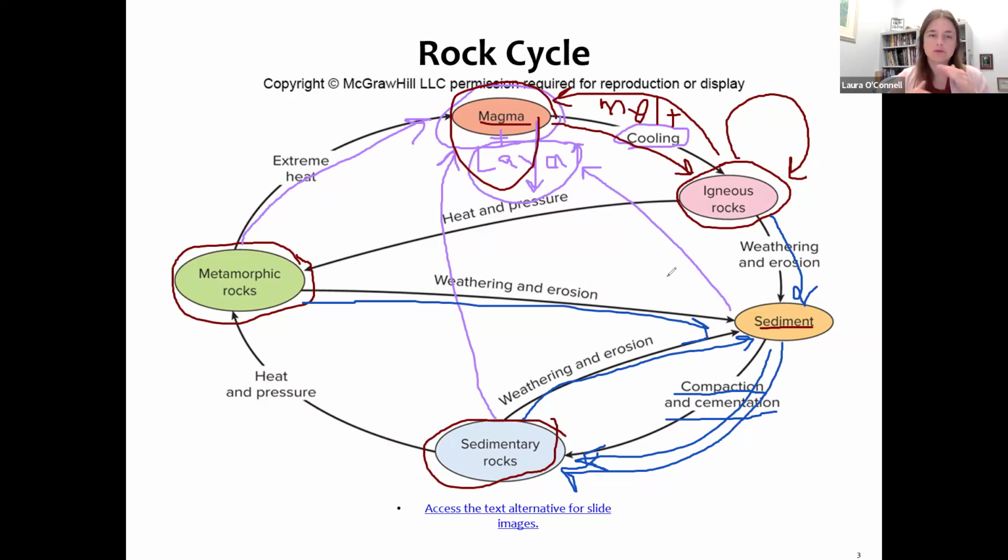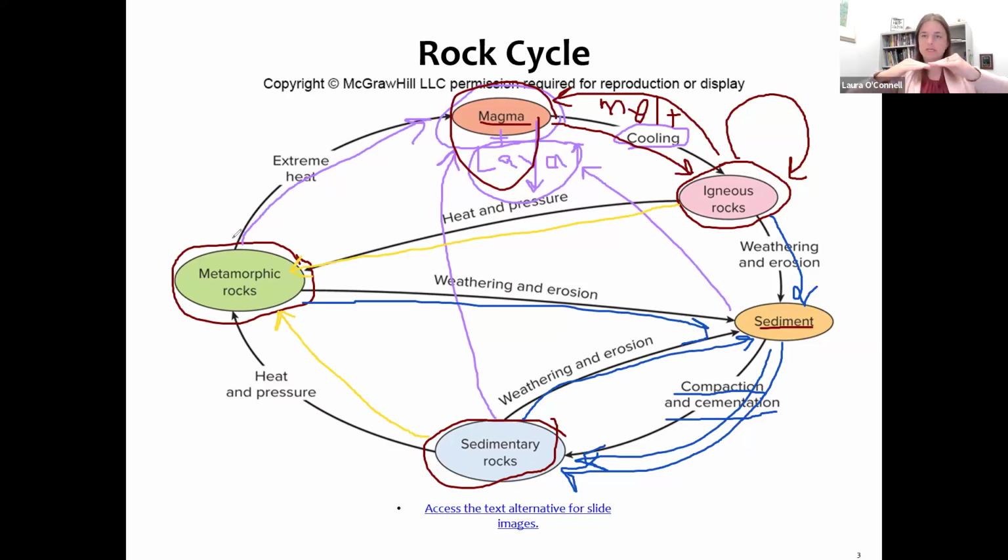So if you have a lot more pressure, this is going to change the types of minerals you have. So therefore, it's going to change the rock. So if you bury a sedimentary rock under a lot of heat and pressure, you could form a metamorphic rock. You could bury an igneous rock under heat and pressure and make a metamorphic rock.